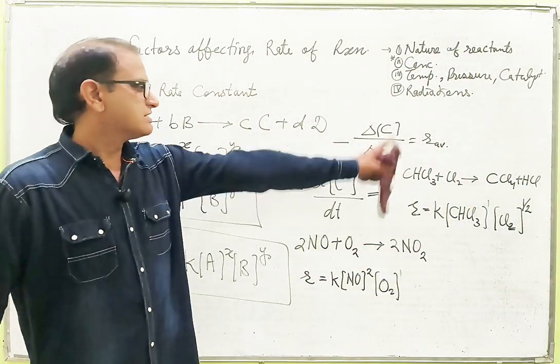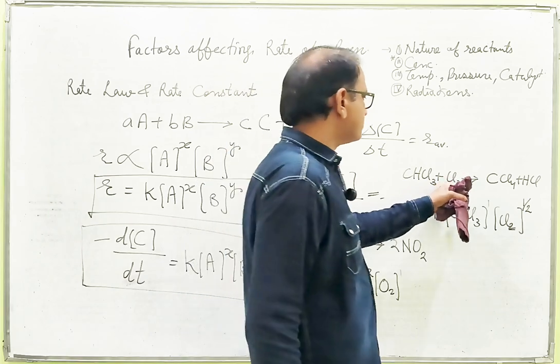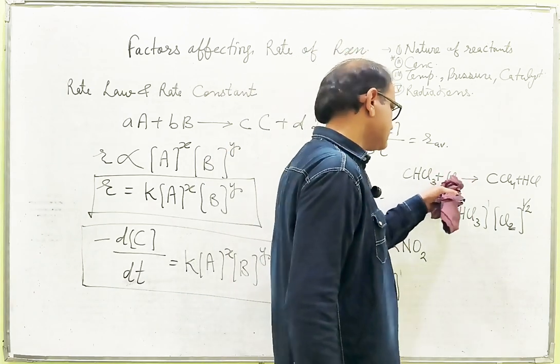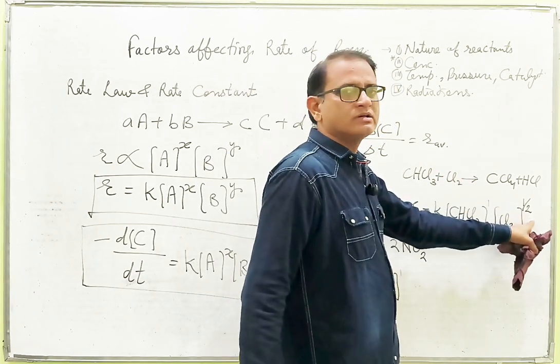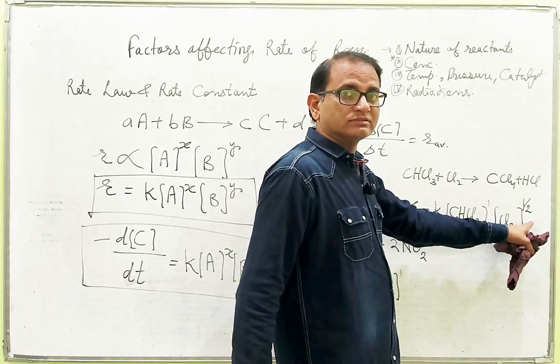It means the stoichiometric value of chlorine in the balanced equation is different from the order of reaction. Am I right?